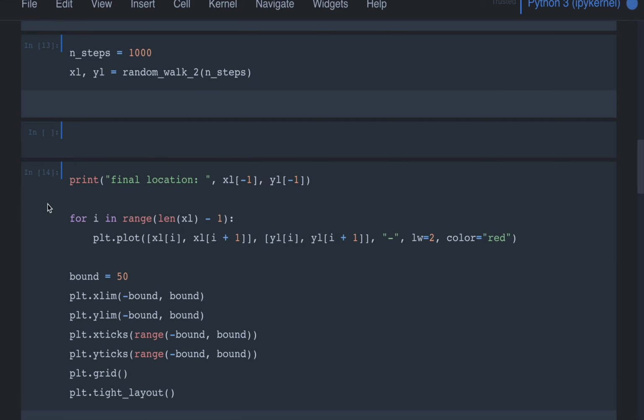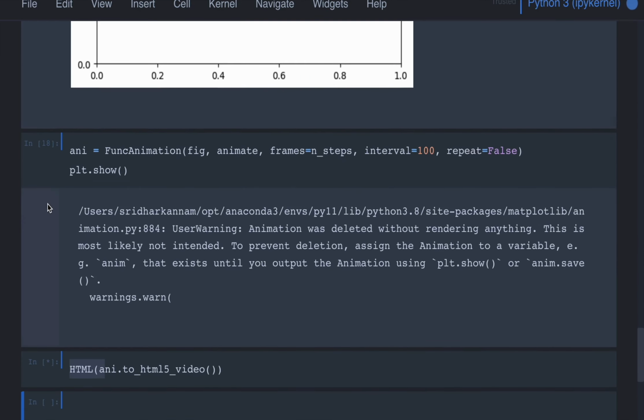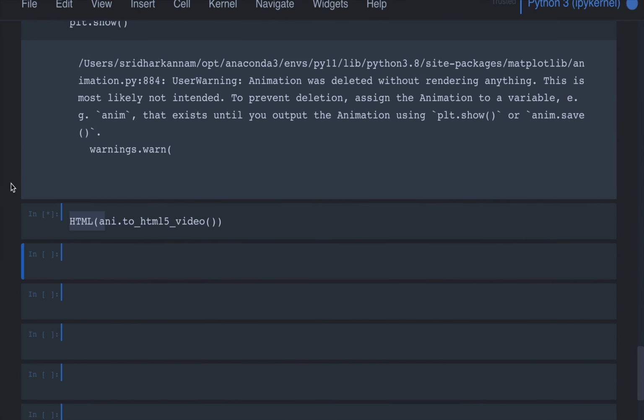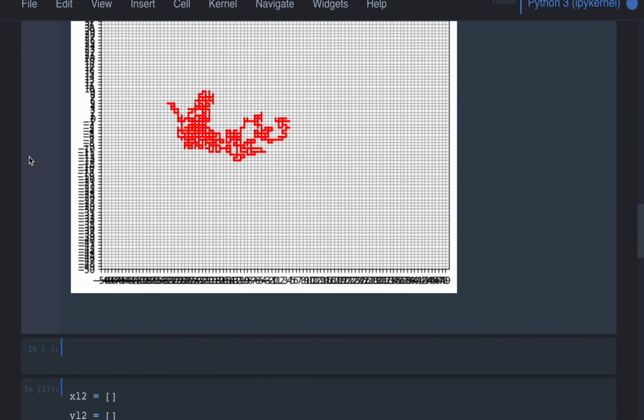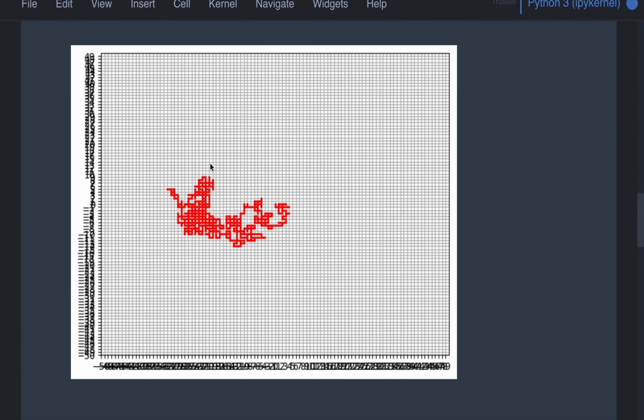So it probably will take 10 times more. Okay, so while the animation is being created, I guess it's clear, right? There are different versions you can simulate. The simplest one would be 1 dimension and a fixed step length. We can generate this in 3 dimensions as well. And the step length also doesn't have to be discrete.